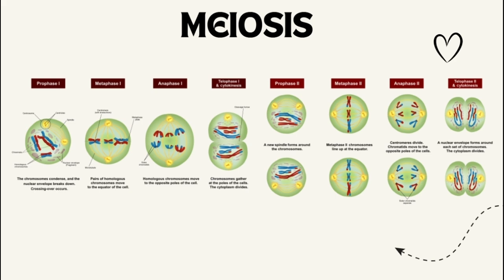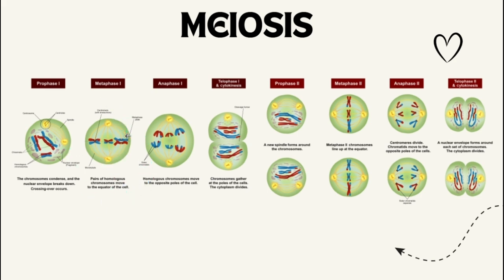Metaphase 1, same thing: they line up at the equator, in the middle, and we have the centrosome, which I talked about earlier, and the centrioles. In metaphase, the centrosome extends the spindle fibers and chromosomes line up at the equator. Now there's something very important here.